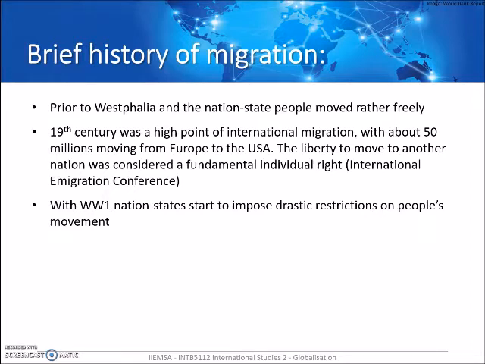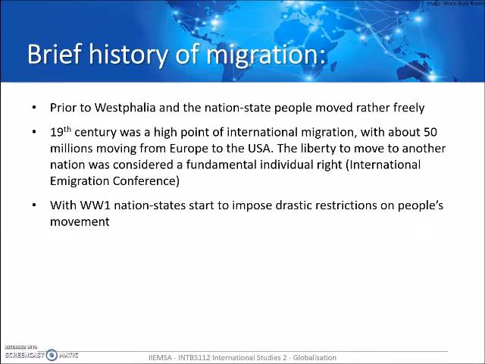So this is 50 million back in the 19th century, right? So this was a massive amount of people. And what's interesting about that time is that the liberty to move to another nation was actually considered a fundamental individual right that was also stipulated in the International Immigration Conference.